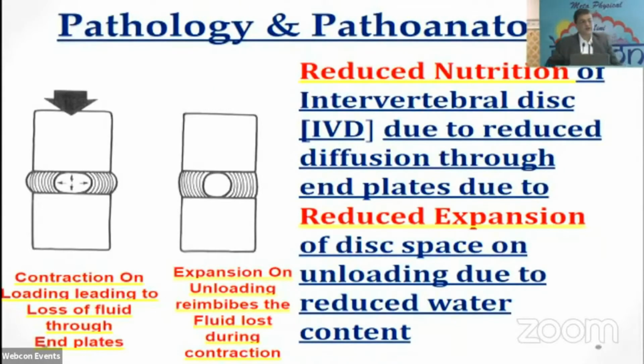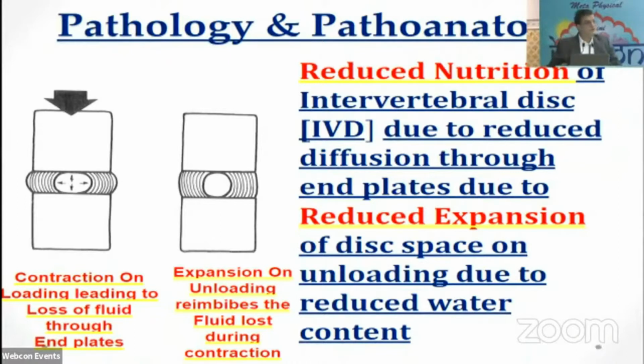Before I talk about my innovation, let us understand the pathology and pathoanatomy of the disc. As we all know, the disc contracts on loading, leading to loss of fluid, water through end plates, and it expands back when it is unloaded, and it revives the fluid whatever it has lost. If this continues, then probably there won't be any degeneration, which gives you a problem.